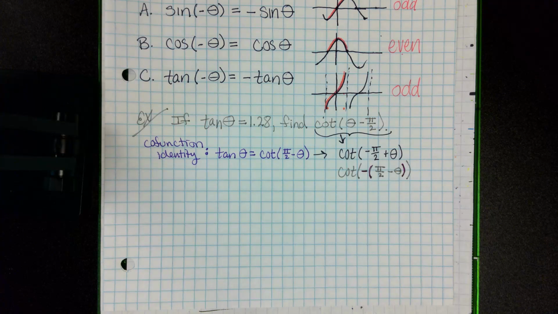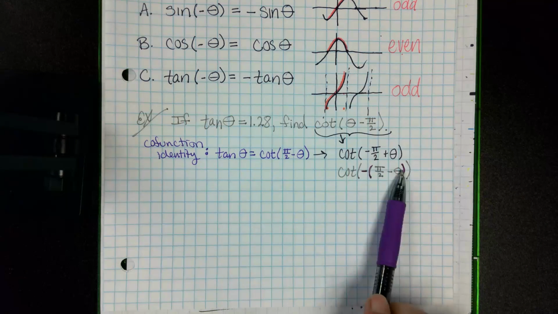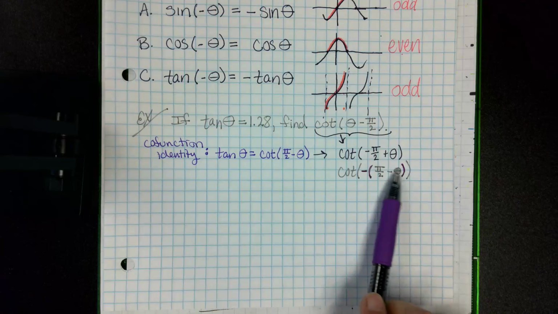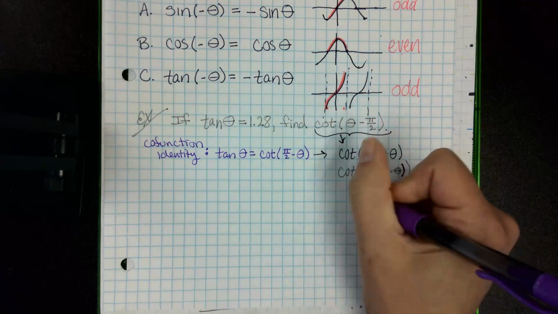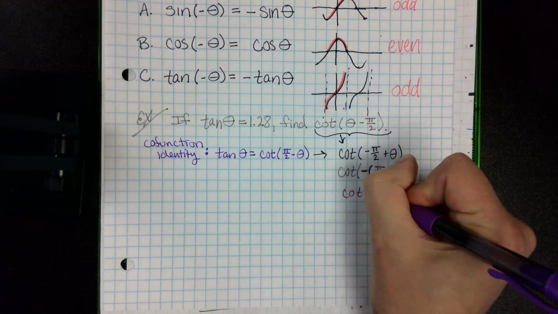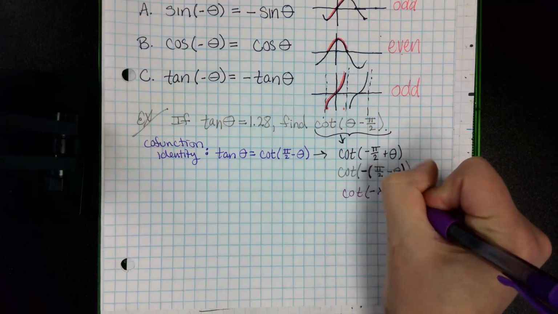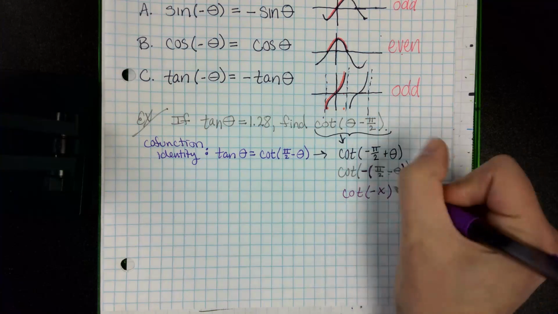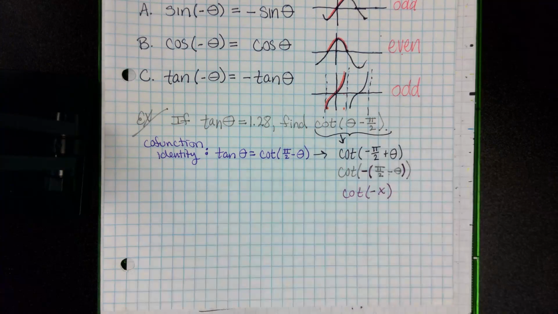Is there an even, odd identity that looks kind of like, if maybe it's not this, but maybe that was just like your x or something? I'm going to write that down. Cotangent of negative x. I'm saying that this in here is x. Right? That makes sense. Do I have an identity that looks like that?